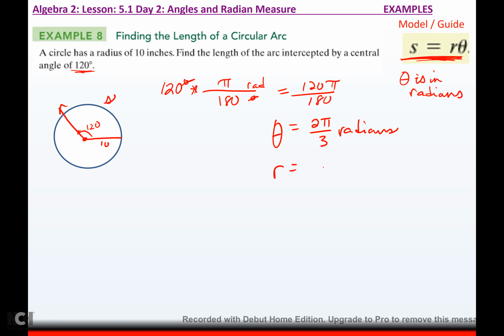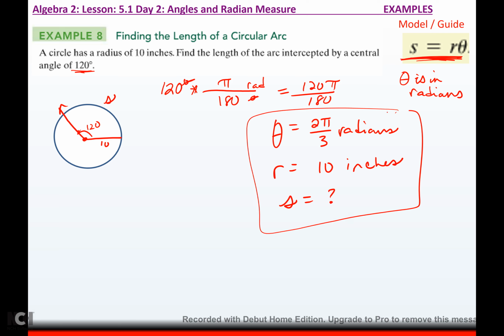My radius is 10 inches, and my arc length is what they're trying to figure out. So now that I have everything in the right dimension, I can use this, which says my arc length will be my radius, which is 10, times my theta, which is 2 pi over 3. So my arc length is going to be 20 pi over 3.